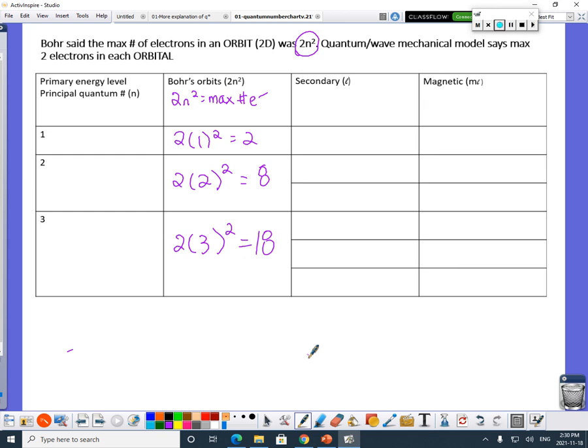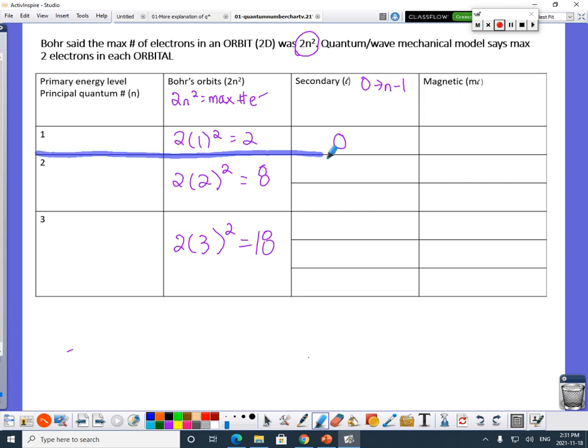Okay, so let's see how this correlates. The secondary number, you start at 0 and go up to n minus 1. So if n is 1, then we have only 0. If it helps you and you want to divide this table even further, draw like this.